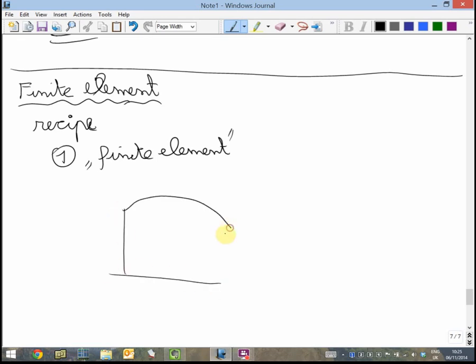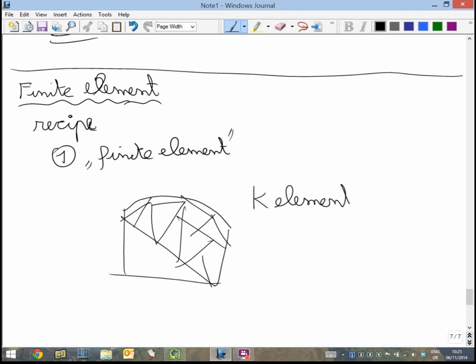So if I have, for example, a structure here, like this arch, I could divide this up into elements, like for example a triangular element here, and another element like there. So I could slice this up any way I want, basically, into a number of shapes, discrete elements. So let's suppose we have k of these elements.